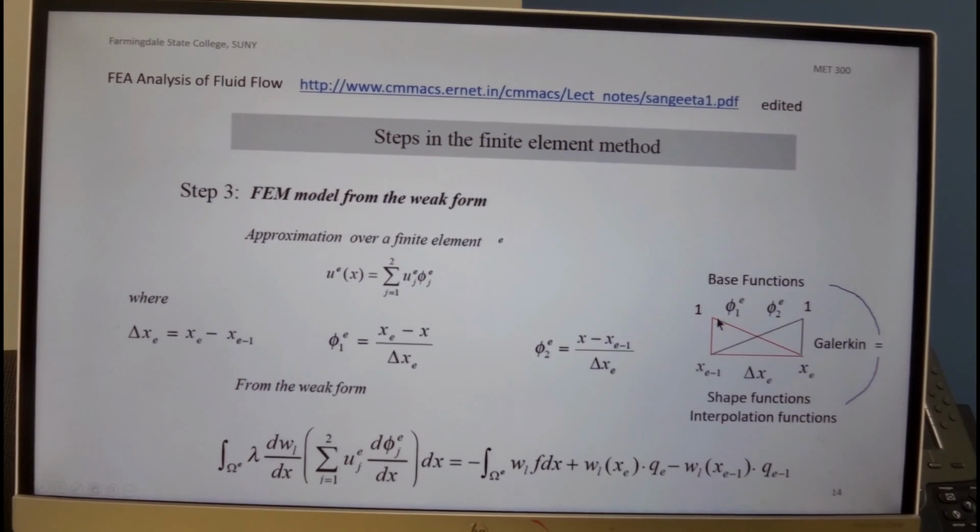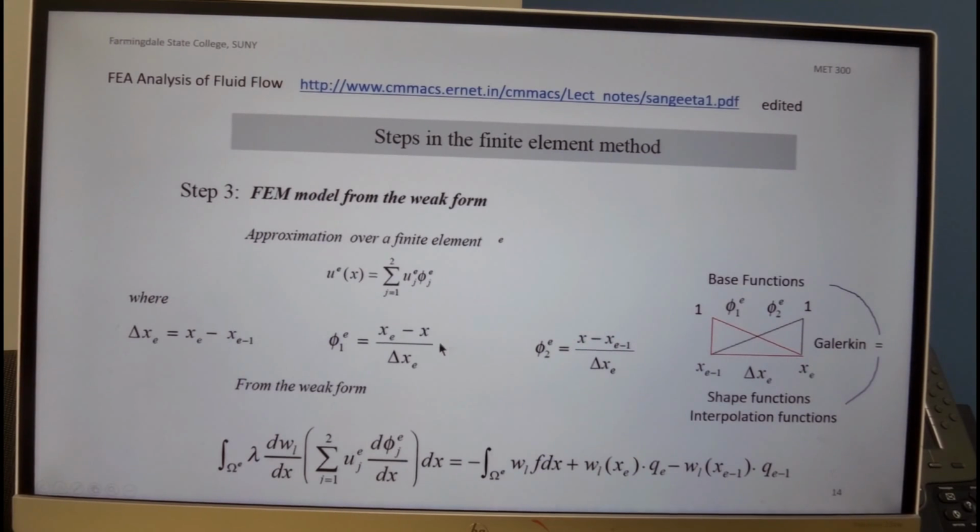And we see the base functions here, which according to the Galerkin method are the same as the shape functions. If you look at the first equation over here of this shape function, it's a polynomial of order 1, and phi1 equals (xe minus x) divided by delta xe. Delta xe is the length of the element.